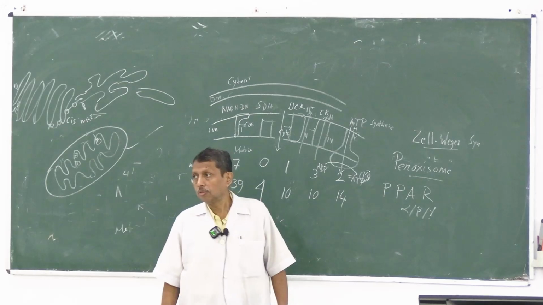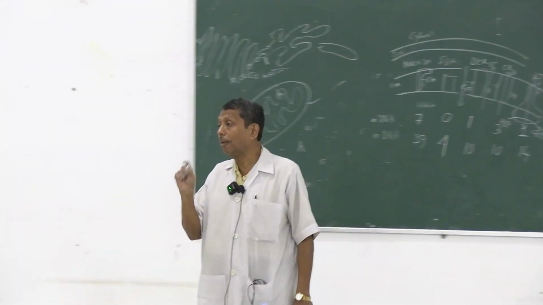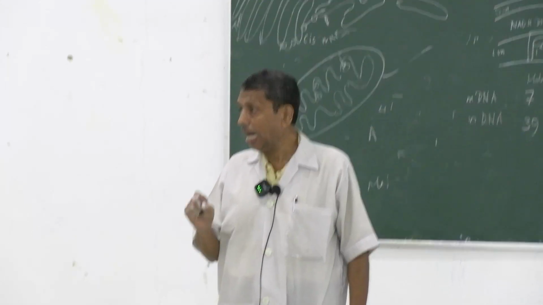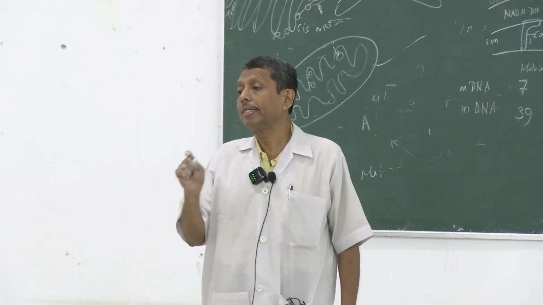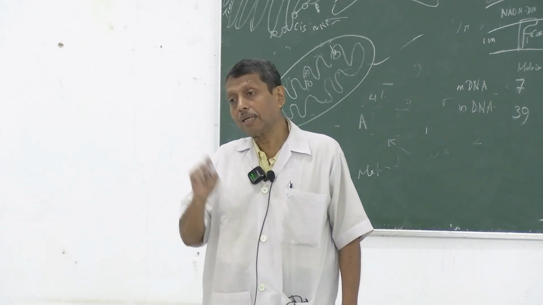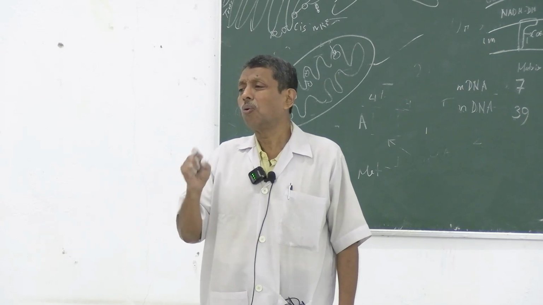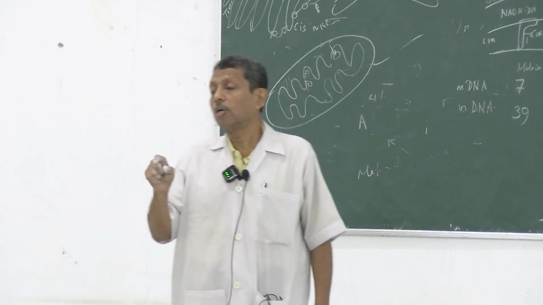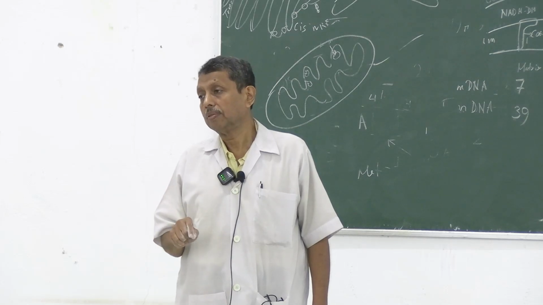Thiazolidinedione is a compound that acts upon the gamma type of receptor, PPAR gamma, and it increases insulin sensitivity. So it is a drug present in the market. I do not know whether they are used nowadays; they have some toxicity.